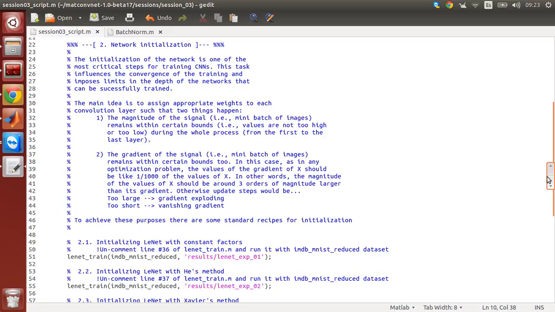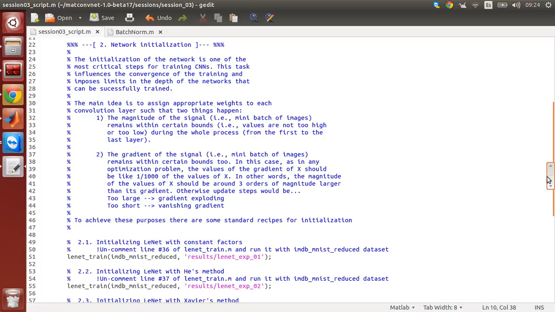So to achieve this, there are some specific formulas that have been there in the community for a couple of years already, like Glorot initialization or He initialization, which is more recent, and so on. But the idea is quite simple. You need to initialize your filters so that they make your data behave properly when the data is going through your net.